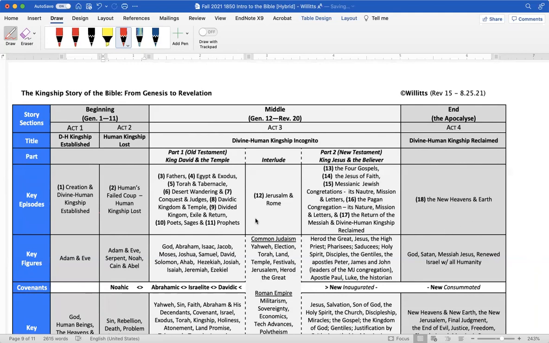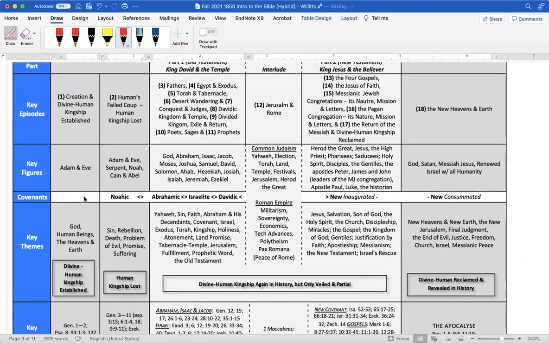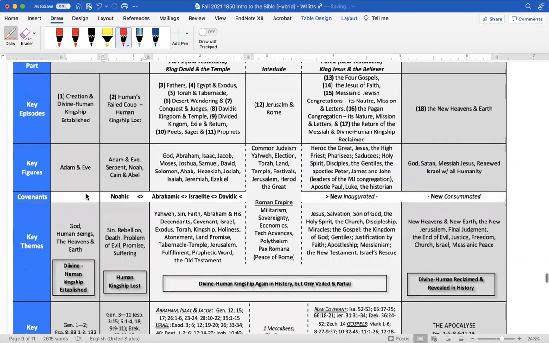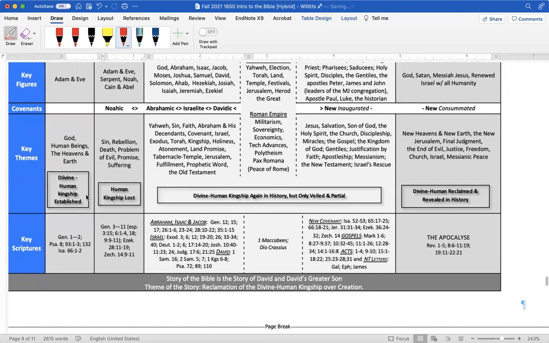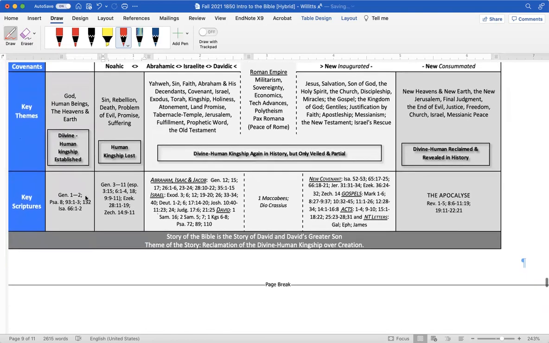Now, along the way, we're going to meet key figures. We're going to be introduced to core relationships, covenants that God makes with individuals and with the nation of Israel. We're going to be introduced to key themes. And all of this is rooted in and emerges out of the texts of Scripture. This whole edifice is built on the key texts that are listed here and others.